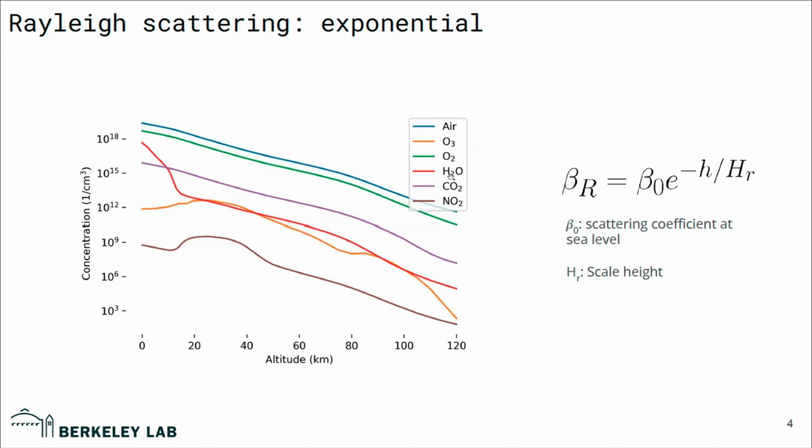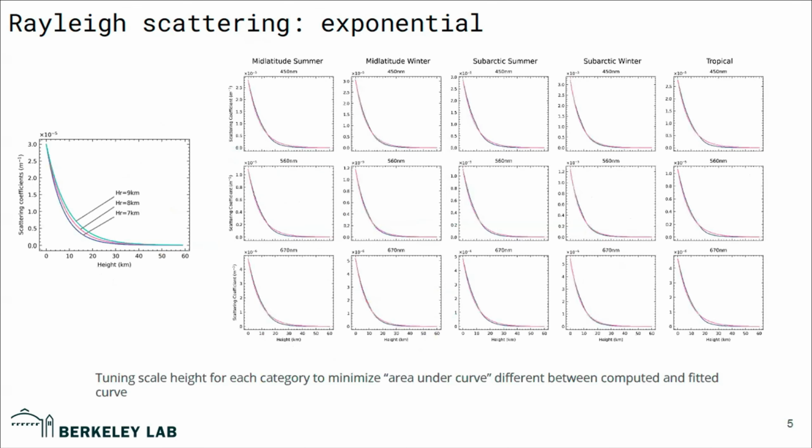On the right-hand side, you can see this equation where we assume a certain scale height, which you can think of as a factor or ratio, and then this exponential function defines how the concentration of the air molecules decays over altitude. So that gives us a pretty convenient way to simplify this.